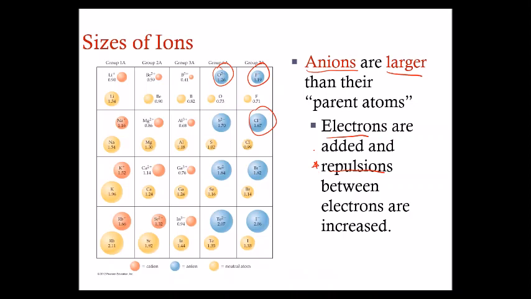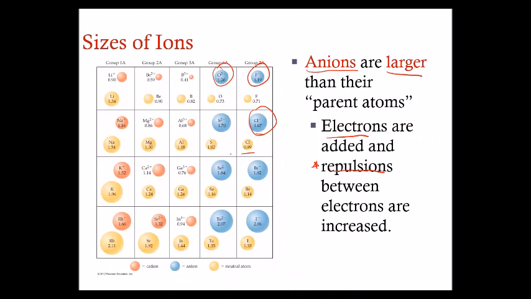You can see the numbers, it's actually quite a bit more, depending on how many electrons you're adding. That's one way we look at ion sizes, comparing to the parent atom.